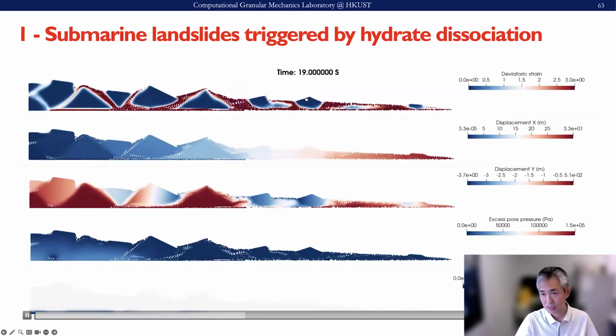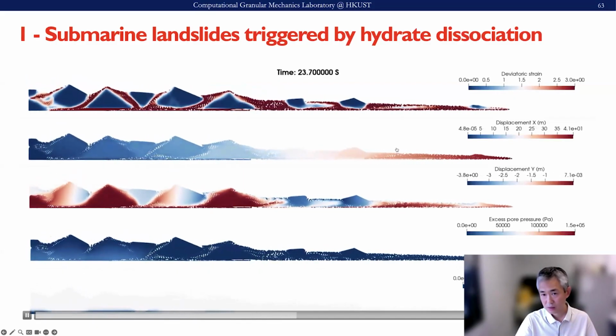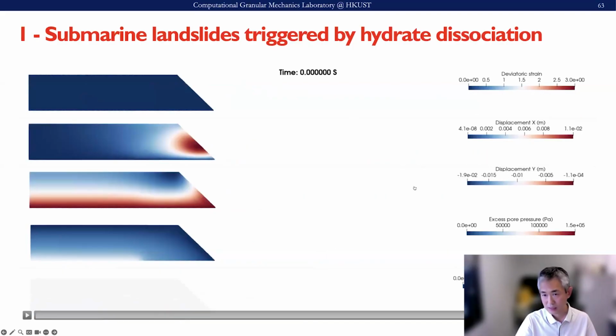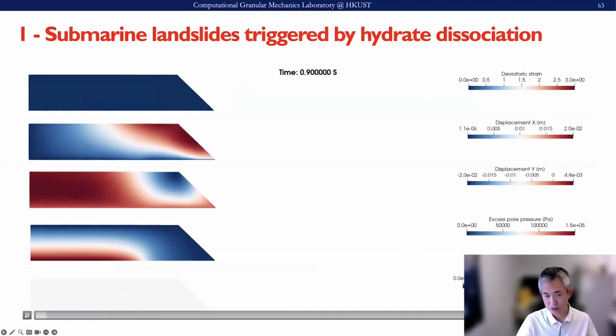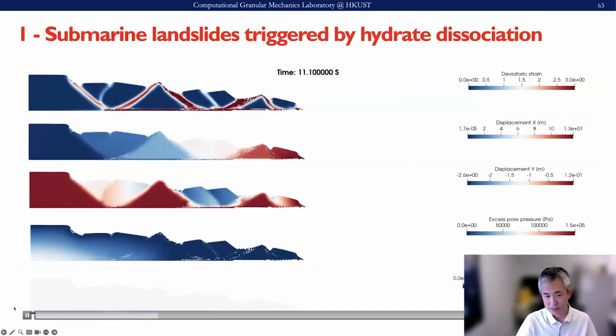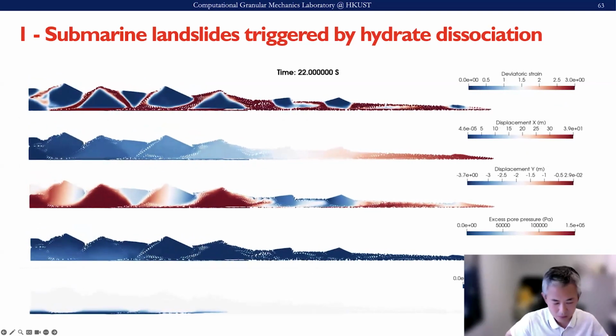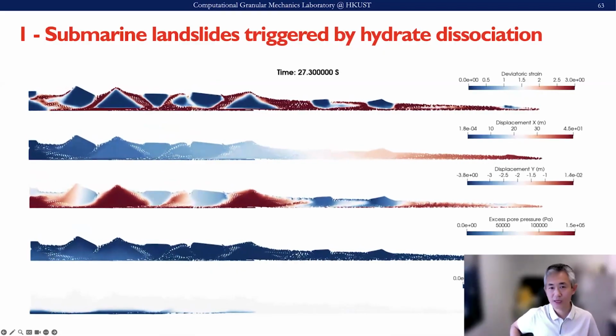The top plot gives us the deviatoric strain, the second and third are the displacements in x and y, and the fourth is the excess pore pressure change during the process. The bottom is the hydrate saturation that we can show from the process.